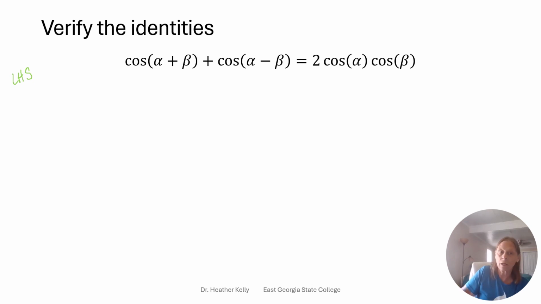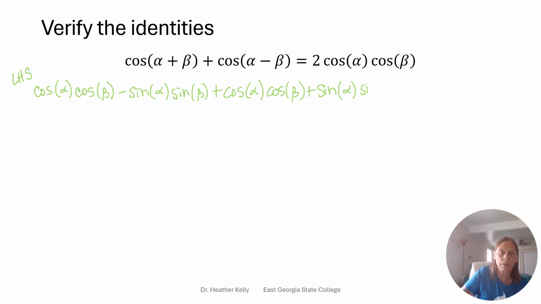So the cosine of these guys added are cosine alpha, cosine beta, minus sine alpha, sine beta, plus, we'll do the opposite here. So then this is going to be cosine alpha, cosine beta, plus sine alpha, sine beta.